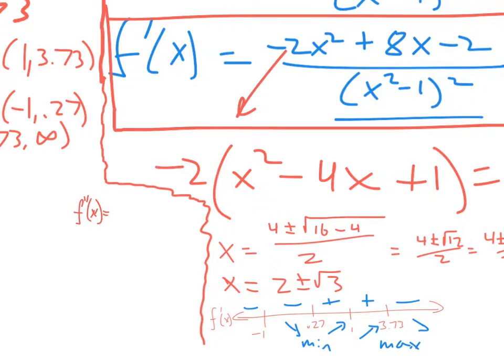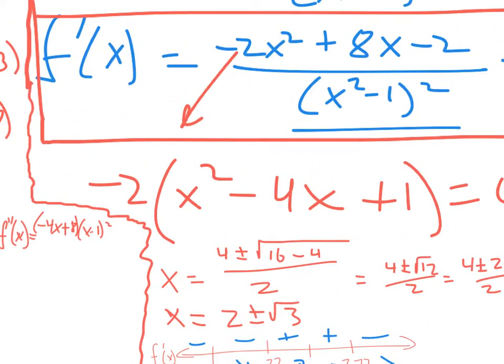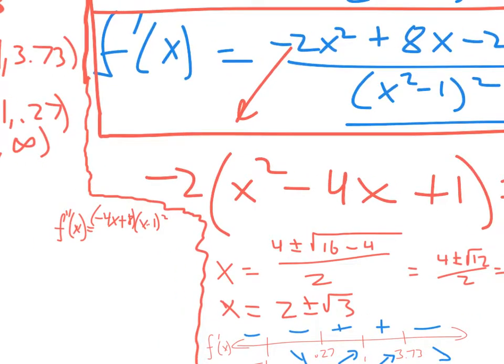Derivative of the top, we get -4x plus 8 times the bottom, x minus 1 squared. Then we're going to get the top. Let's see, we need to move this.